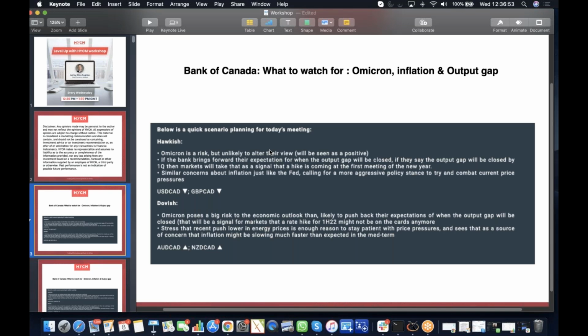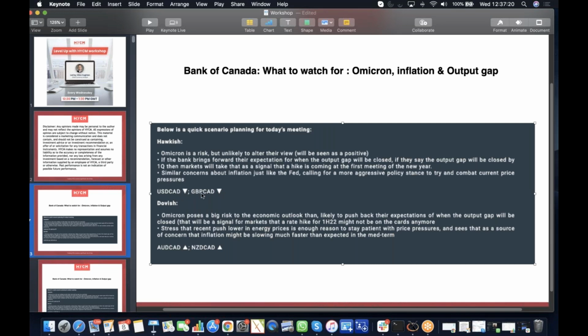So if the output gap closes, and if they expect that to be closed by the first quarter of next year, that's bullish and will give us indication that they may be hiking in the first quarter. If they have concerns about the Fed calling for a more aggressive policy stance, then that would be upside for the CAD. So the pairs to look for will be dollar CAD downside, pound CAD downside.